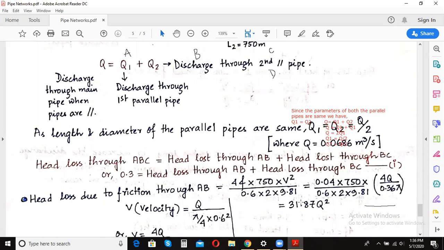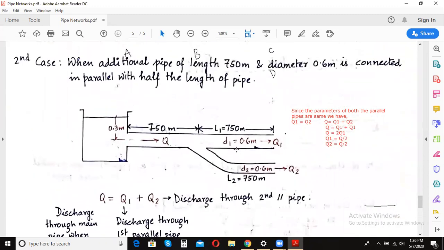So you simply put the values of length and diameter. You know 4F is equal to 0.04, and length is equal to 750. But the velocity of flow through this pipe, you don't know.